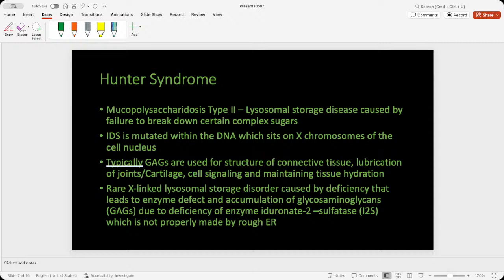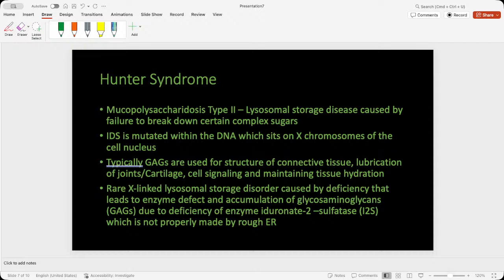Typically, this complex sugar is defined as glycosaminoglycans, GAGs, and it's going to build up within the lysosome. They are typically used for structural connective tissue, lubrication of joints, cartilage, cell signaling, and maintaining tissue hydration.